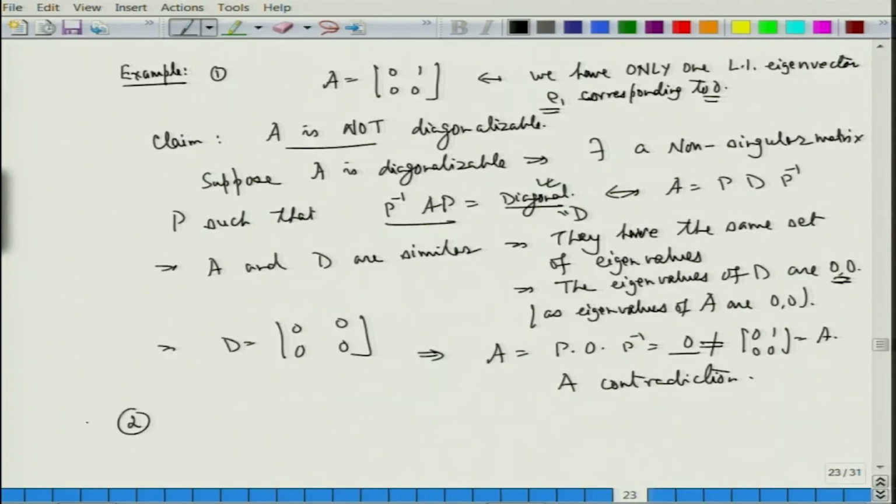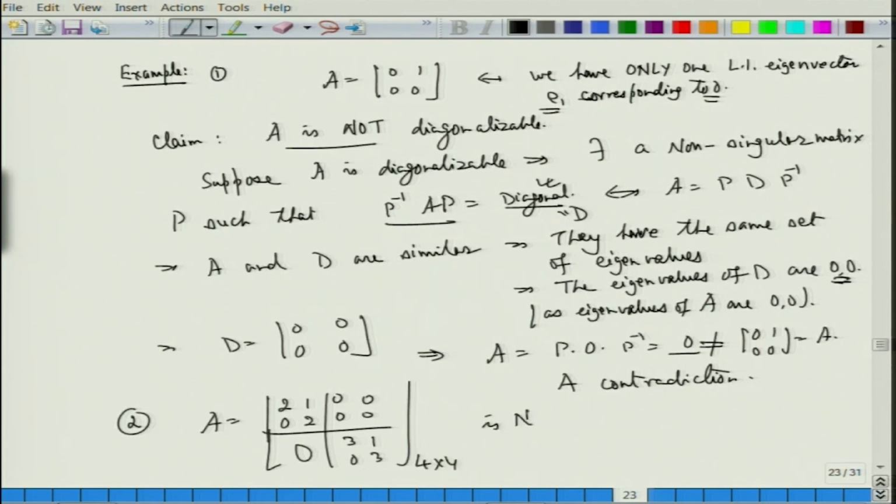Similarly, I would like you to check that if I write A as 2, 1, 0, 0, 2, 0, or let me write one more here, 3, 1, 0, 3, and so on in 4 cross 4, A is not diagonalizable.